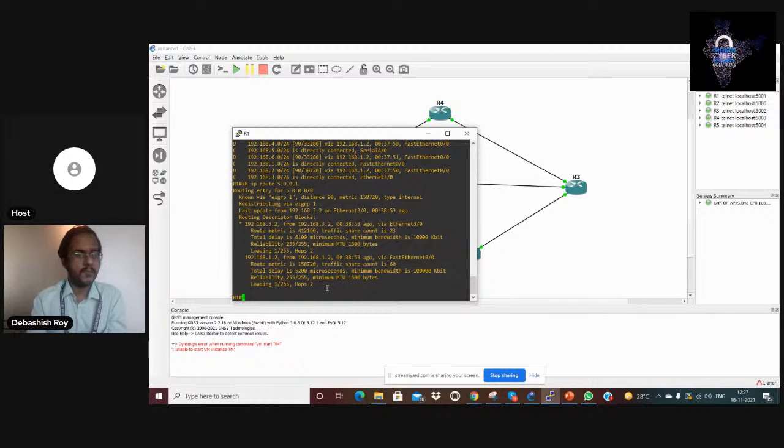If you verify with this command also, show EIGRP topology, and not only topology, but then you have to give all hyphen links.